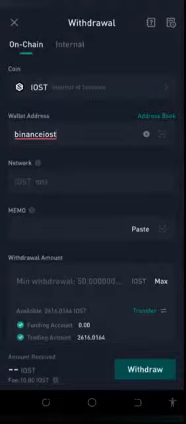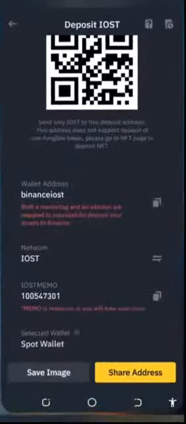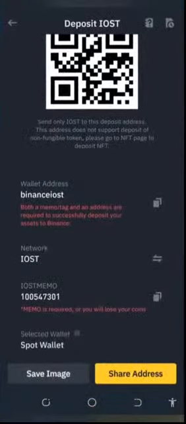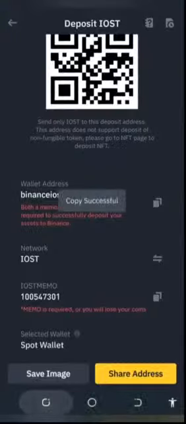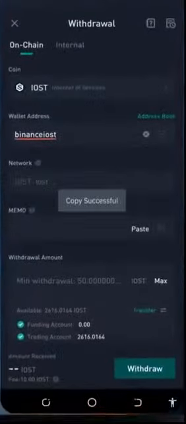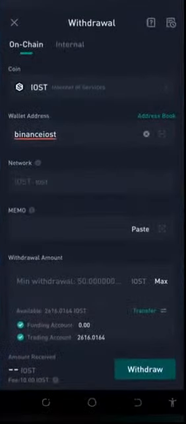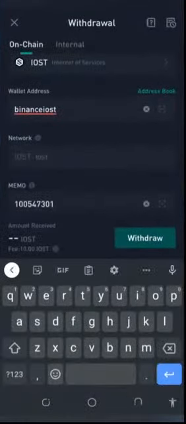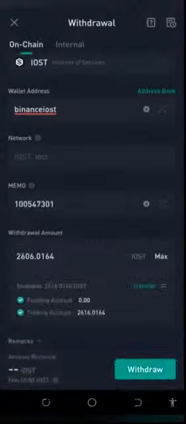Binance IOST. Okay, then we get the memo. Where's the memo? IOST memo. All right, so we get the memo. All right, get back in there, and we paste the memo. Good. So it looks like everything is going on well. Then we pick max.